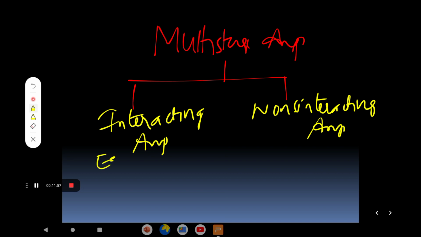The example for the first case is CE and CB configurations. The second case is a cascade of CS amplifiers.